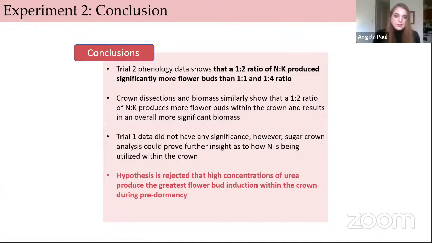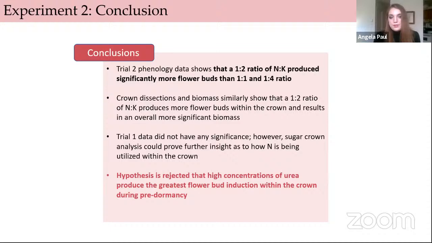So from this experiment, I concluded that trial 2 phenology data showed that a 1:2 ratio of N to K produced significantly more flower buds than 1:1 and 1:4, both at the phenology stage and also within the crown by doing crown dissection. Biomass also showed a similar result, with the 1:2 ratio having the greatest amount of biomass compared to the other two ratios as well.